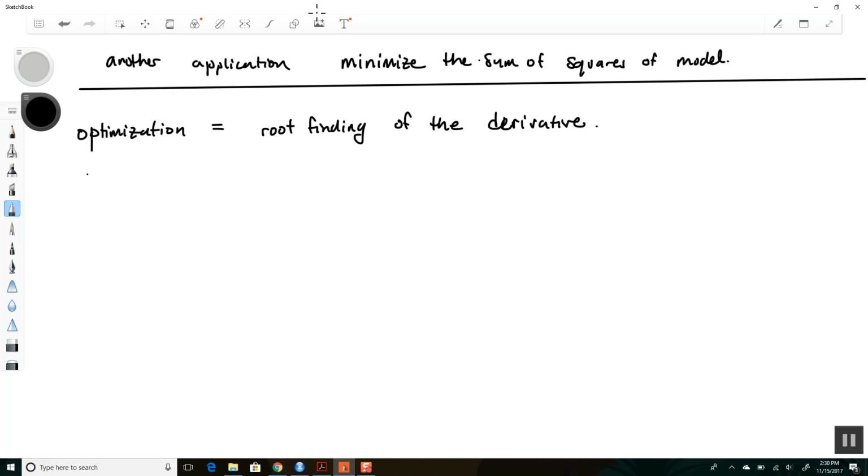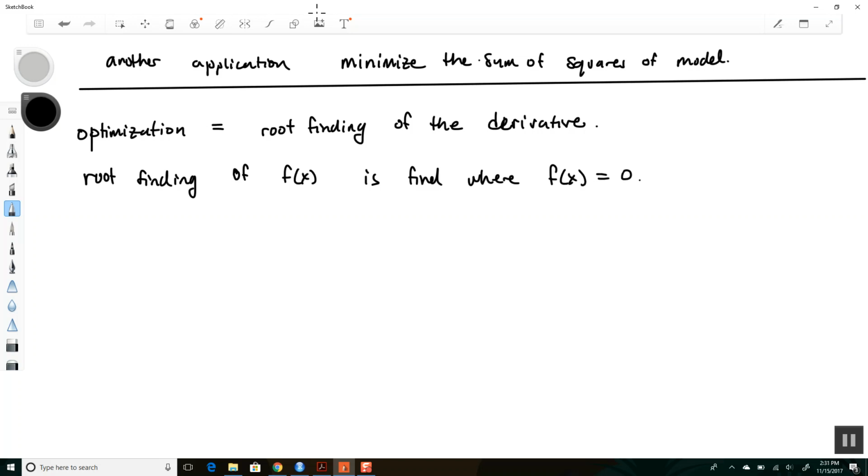So root finding of some function f of x is finding where f of x equals 0.